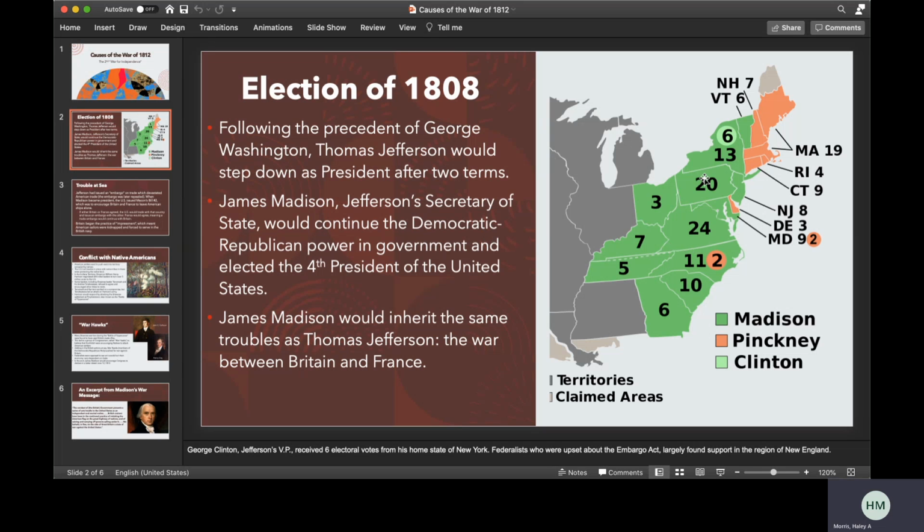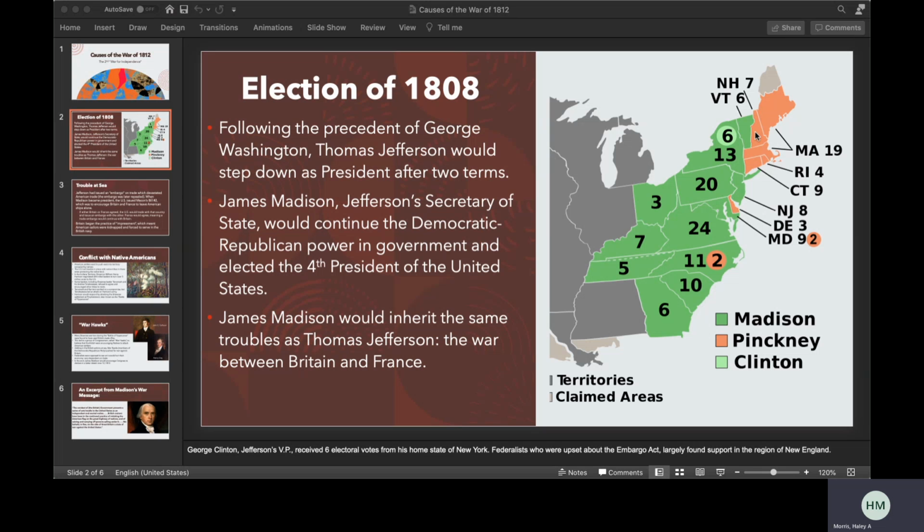This map over here shows the electoral votes, just like the other maps that we've previously looked at. We see that overall, Madison was a very popular choice.